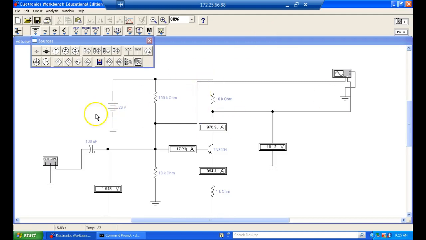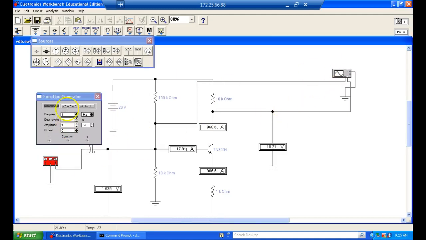Let's lower this down a little bit. Okay, so see the bias stayed about the same even though it's got an active signal coming into it, which is pretty good.